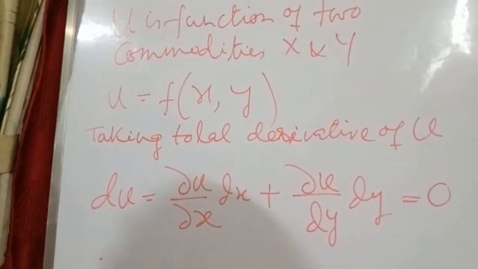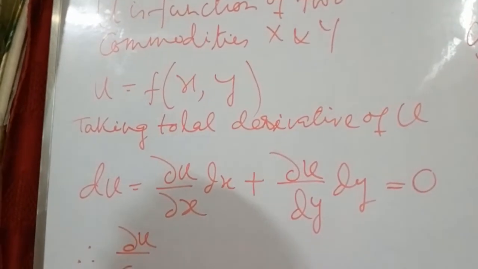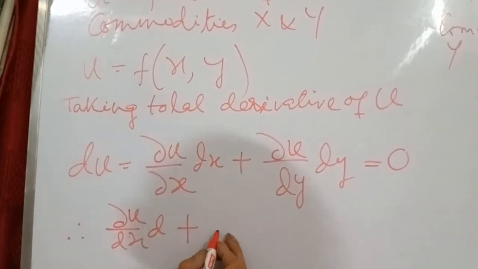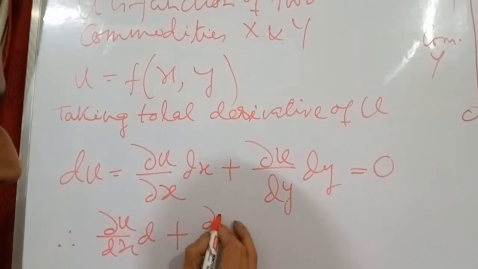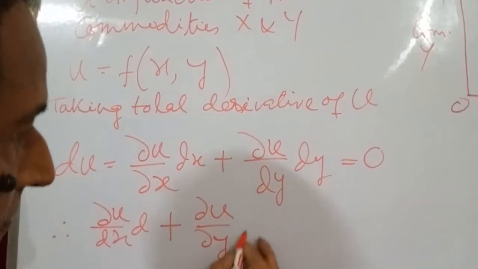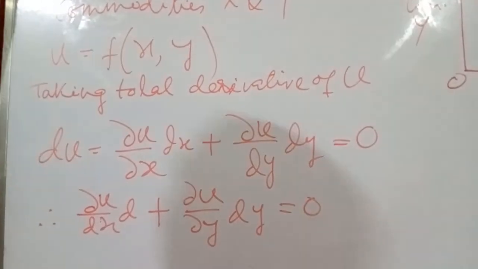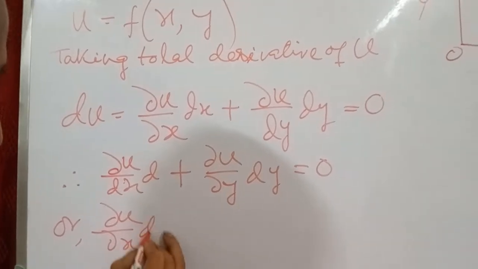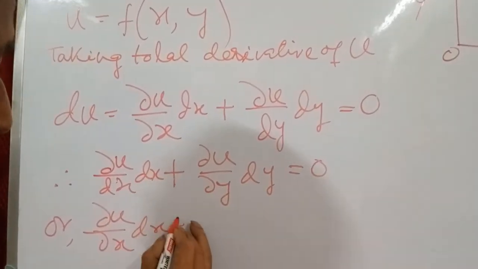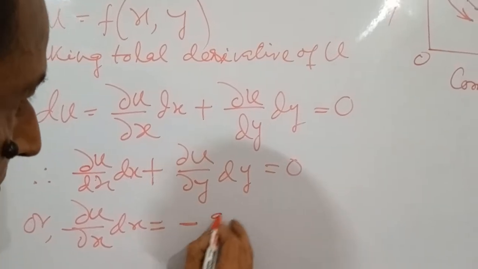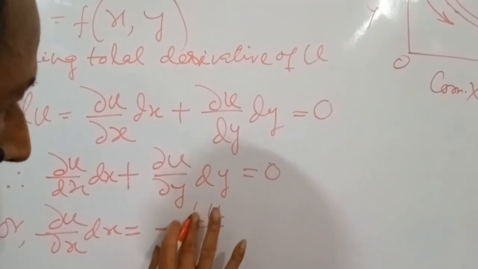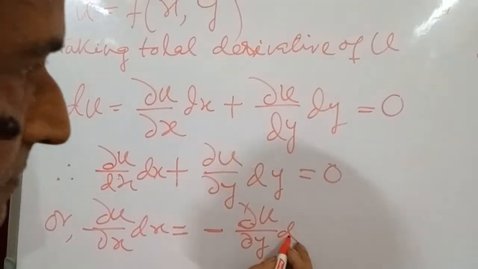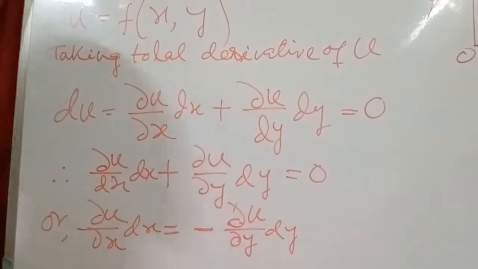Therefore, del U del x dx plus del U del y dy equals 0, or del U del x dx is equal to minus del U del y dy. Okay.